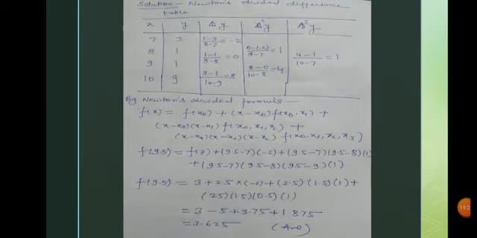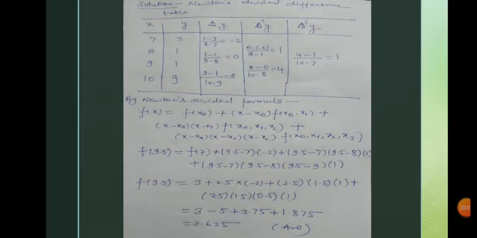So first we have to construct a difference table. So here we are taking the values 7, 8, 9, 10 in the first column. Okay, the value of y in the next column, which are 3, 1, 1, 9.